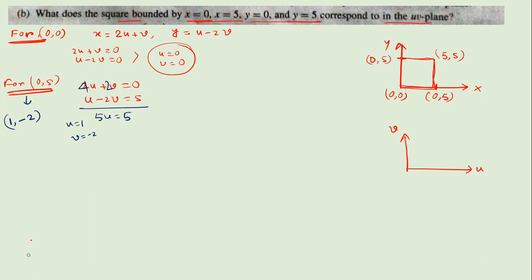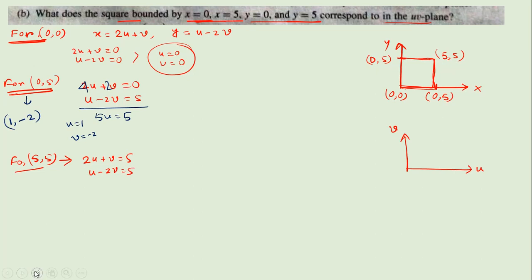Similarly, if you find for 5 5, if you take both as 5, you will get 3 comma minus 1. I think I wrote the wrong one. If you take 5 5, just solve this equation: 2u plus v equals 5 and u minus 2v equals 5.